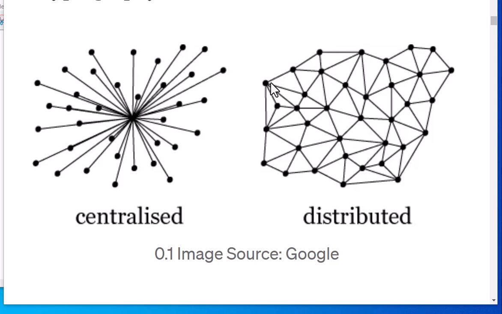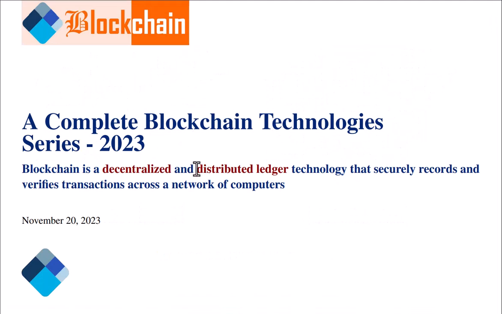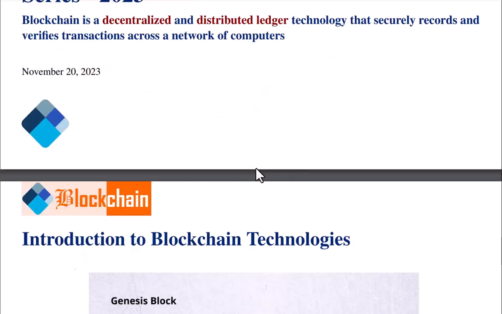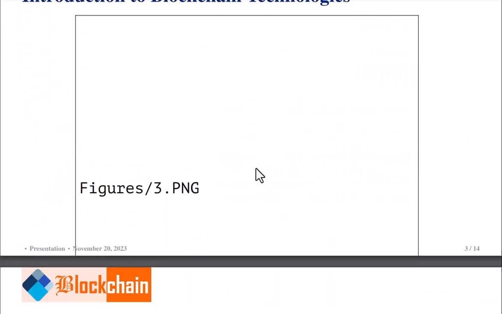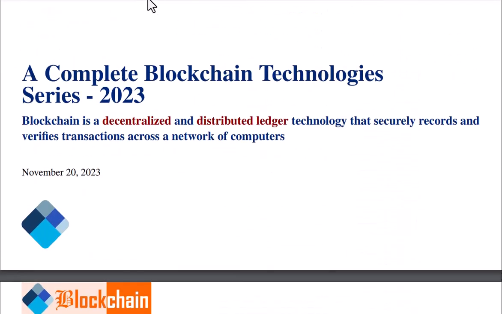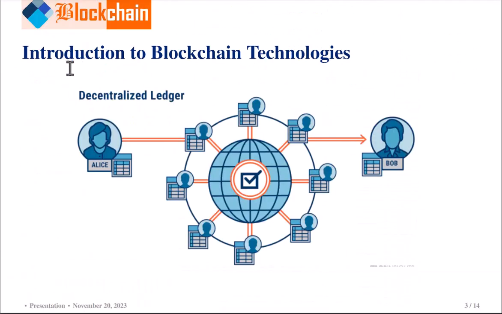So every node keeps the record of their financial transactions. So we said that the ledger is distributed in the blockchain. So you can see this is the distributed ledger.